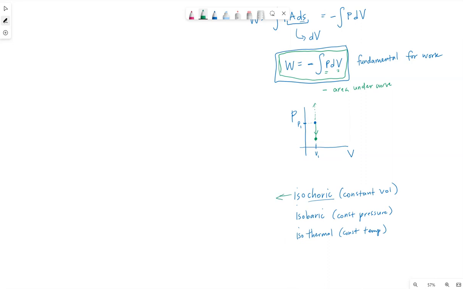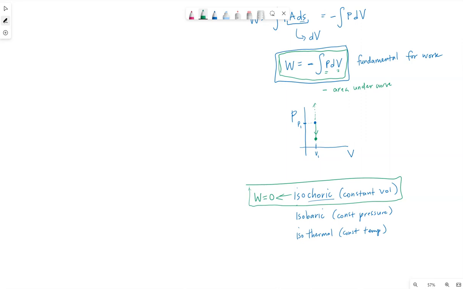Isochoric, because the volume does not change, there is no dV, work is always 0 in an isochoric process. That pressure has to cause a change in volume to have work being done. And the definition of isochoric is that the volume is not changing, thus there's no work being done.